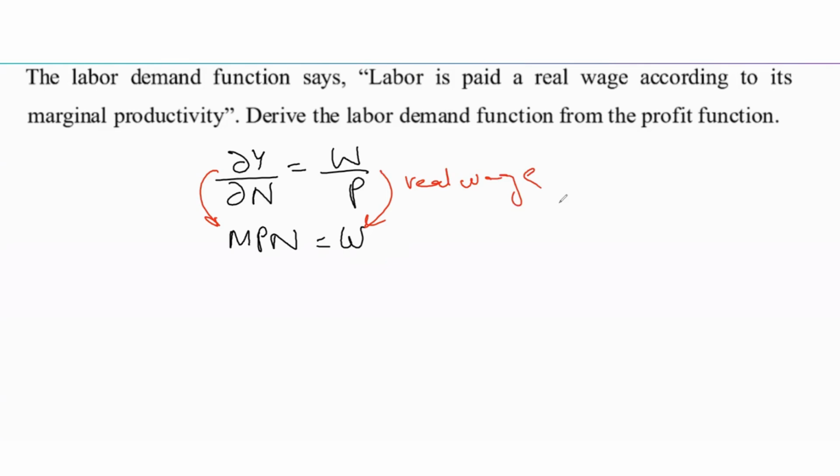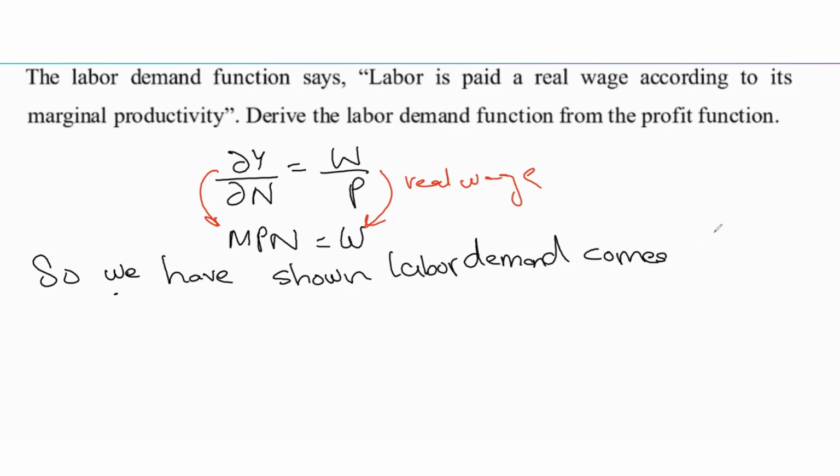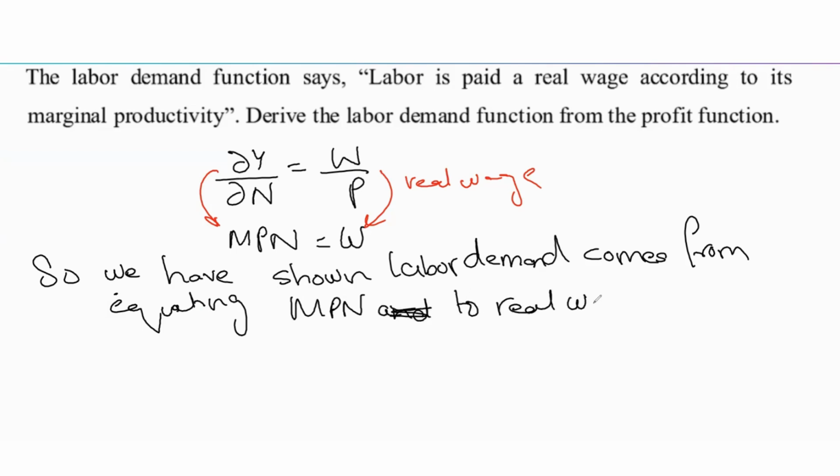So we have shown that labor demand comes from equating MPN to the real wage, where we know MPN is essentially the derivative of the production function with respect to labor.